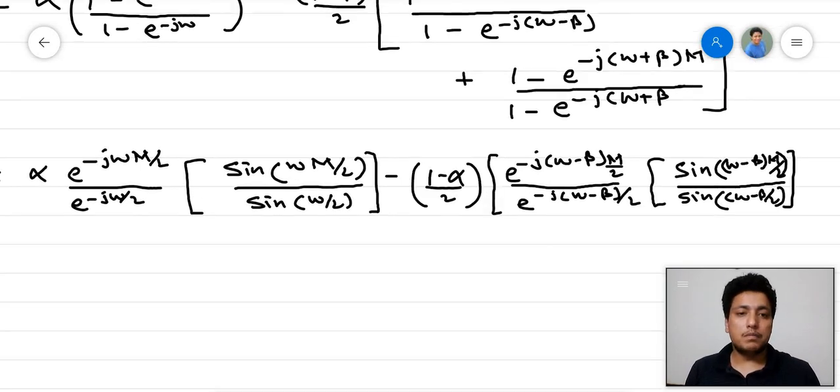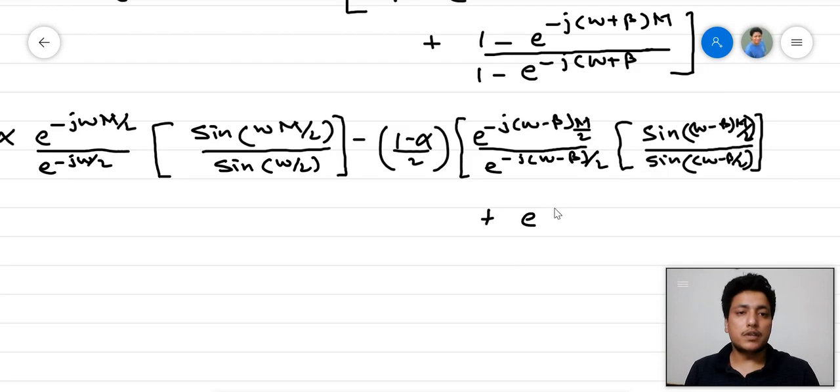Then plus exponential minus j (omega plus beta) m by 2 over exponential minus j (omega plus beta) by 2.